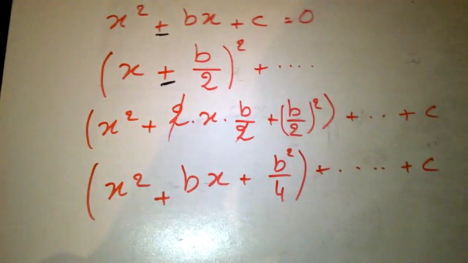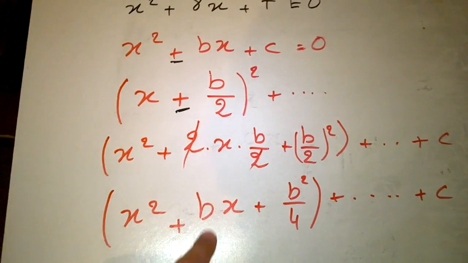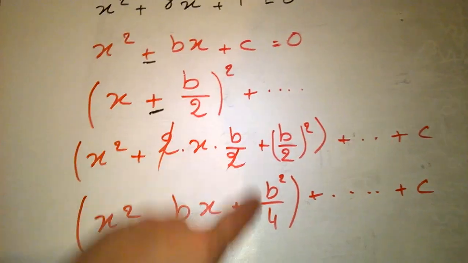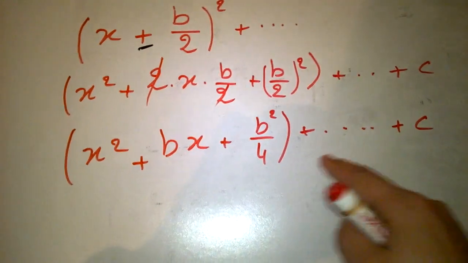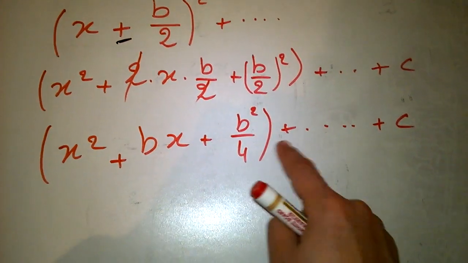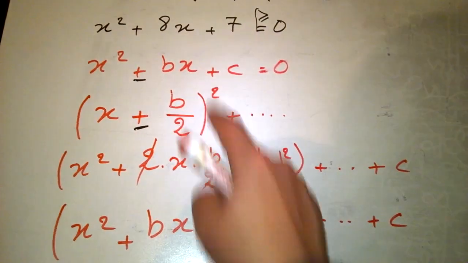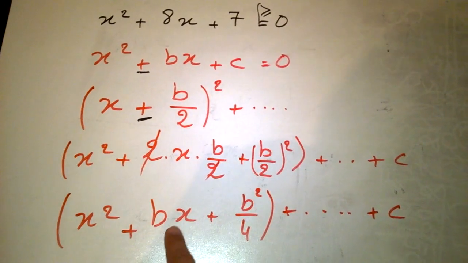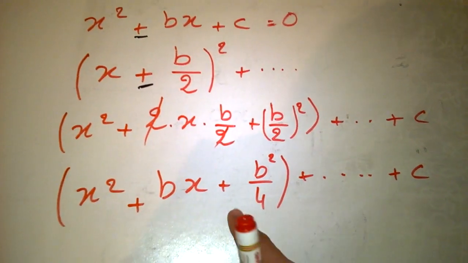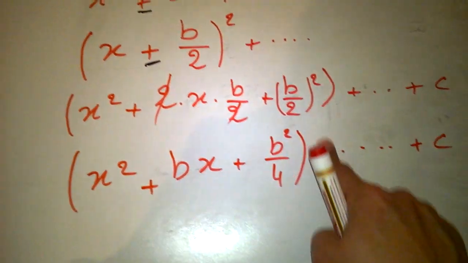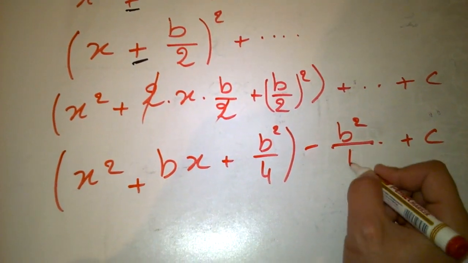The difference is that here we have x squared, bx, and here we have plus b squared over 4, which we don't have in the original. So we have to subtract what we just added: minus b squared over 4.